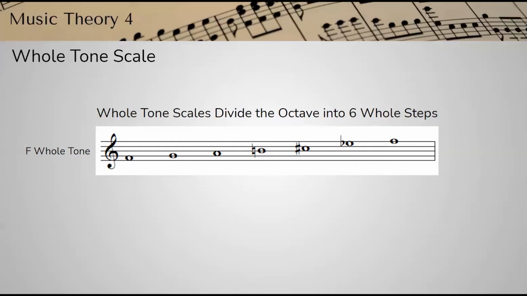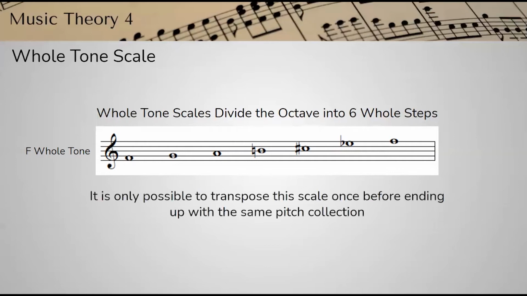So this is a whole tone scale. Now, it's only possible to transpose this scale up by a half step before you end up with the same pitch collection as one of the other whole tone scales. So what we had here has the notes F, G, A, B natural, C sharp, E flat, and F. We could transpose this up by a half step so that it starts on F sharp, and we'd end up with F sharp, G sharp, A sharp, C, D, E, and F sharp again.